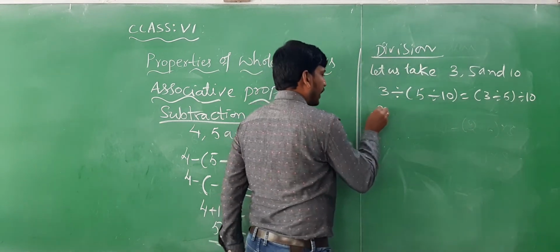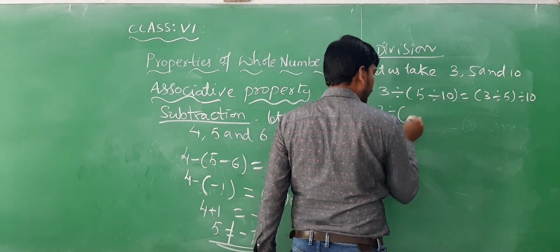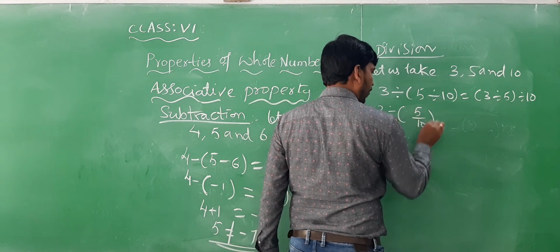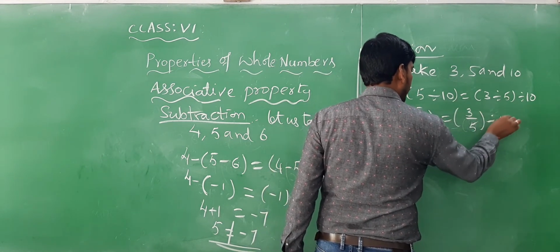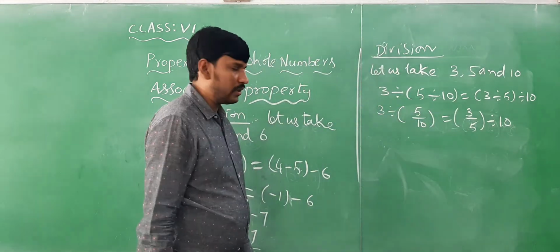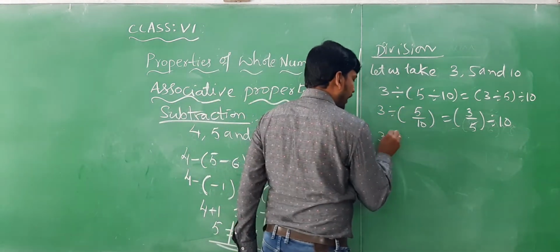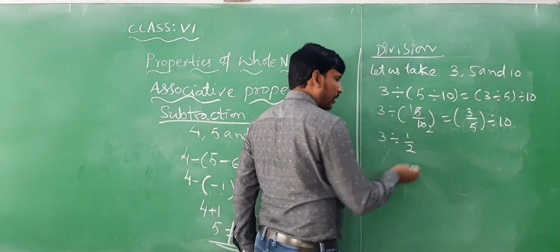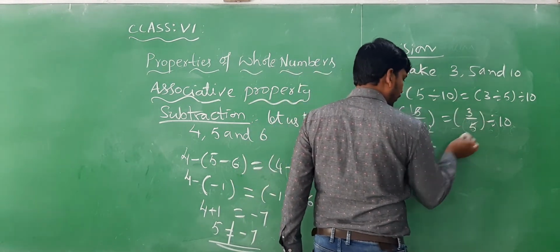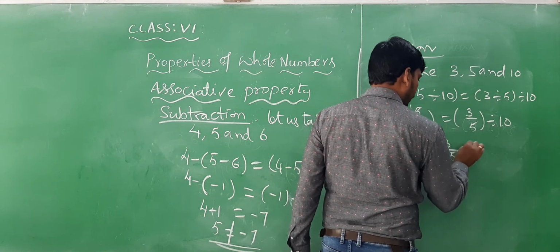Now, 5 ÷ 10 is nothing but 5 by 10, so this is 3 divided by (5 by 10). Clear? So 5 on the 5, we know the cancellation, 1 by 2, which is equal to 3 by 5 divided by 10.